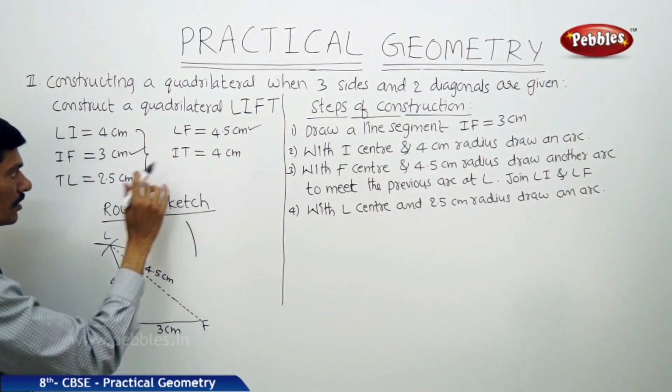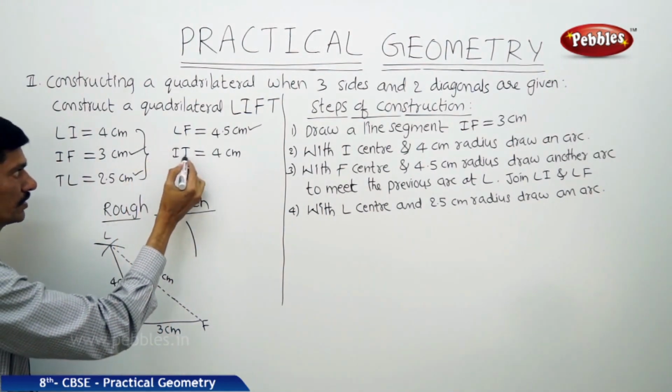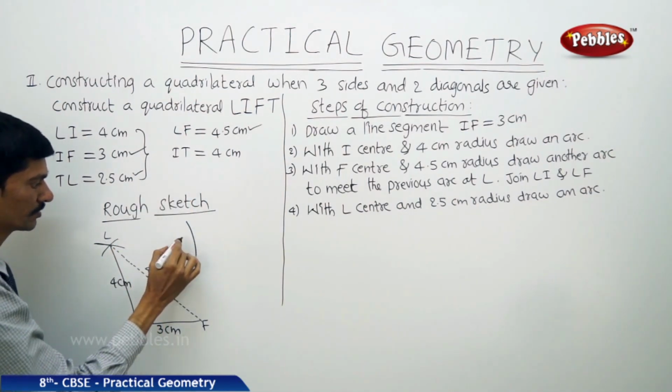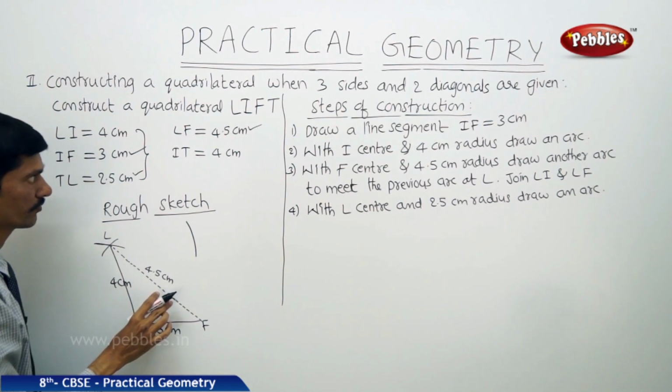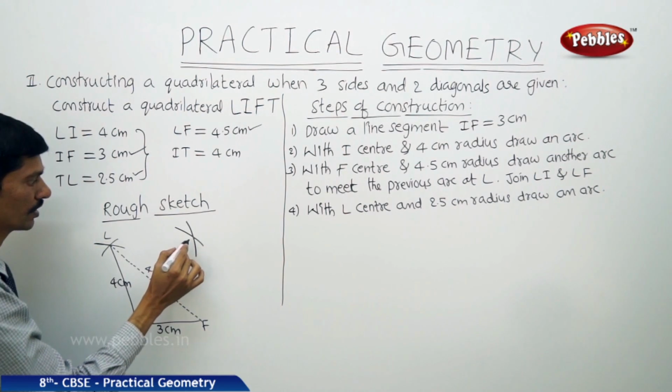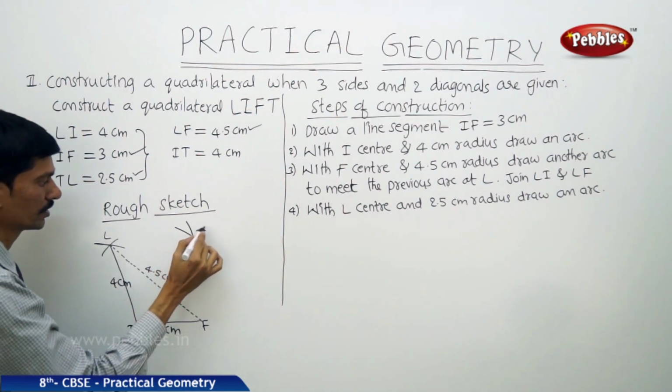Now again IT is given as 4 centimeters. From I to T is 4 centimeters. So with I as center and 4 centimeters radius, draw another arc to meet the previous arc at T.